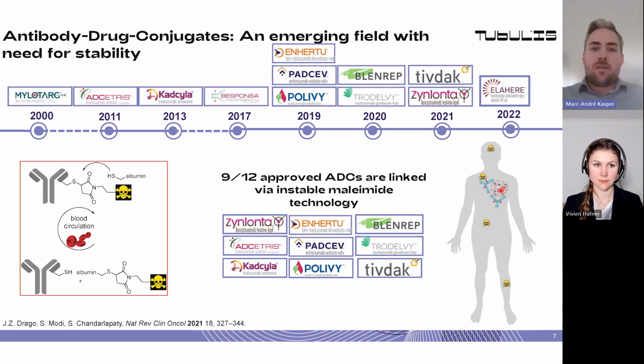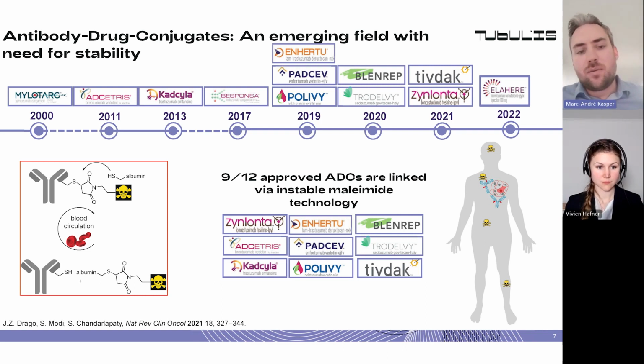However, there's still a lot of room for improvement when we look into the ADCs that are currently being used in the clinic. And one of the issues, it's not the only one, but one of the issues which is often discussed, is instability when these ADCs are circulating in the patient. Usually 9 out of 12 of these ADCs, which you can see here, are linked via a chemistry which is called maleimide chemistry, and this can undergo a process which is called retro-Michael addition.